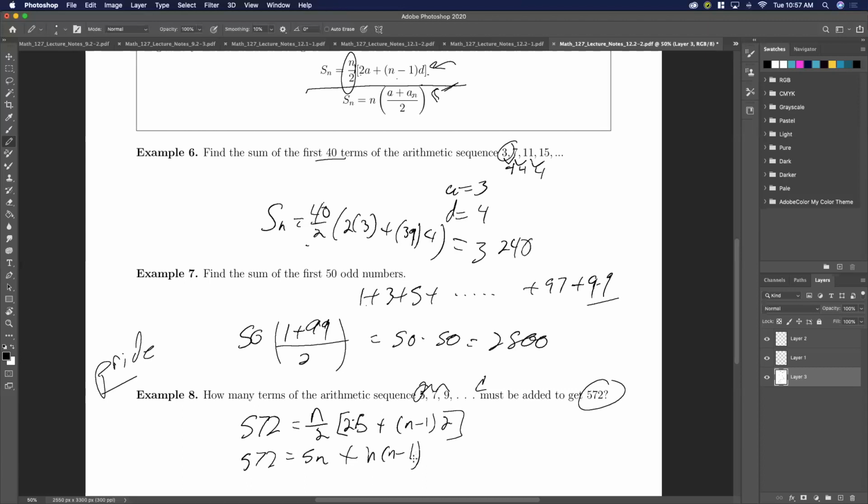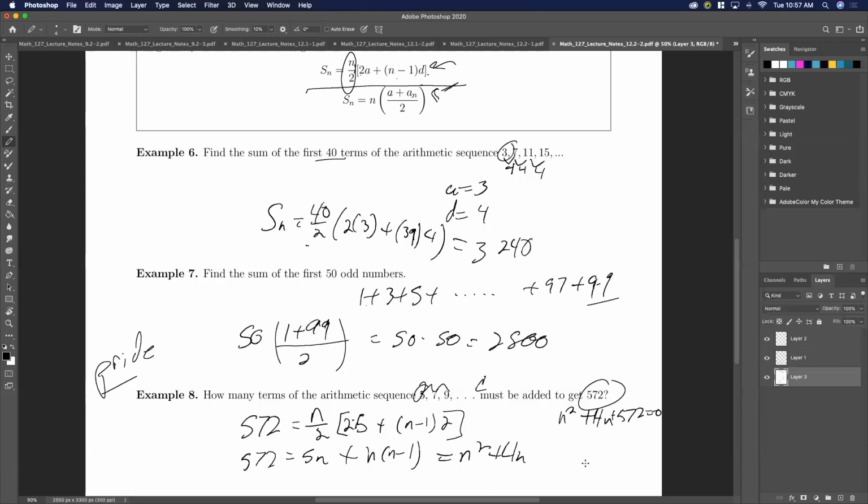So minus n plus 5n would be plus 4n, which is equal to 572. But what we'd actually do from there is put n squared plus 4n minus 572 equal to 0.